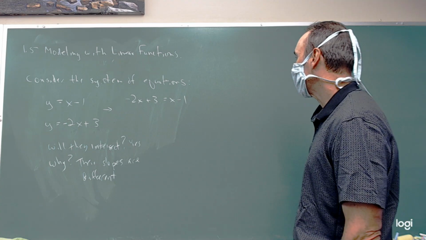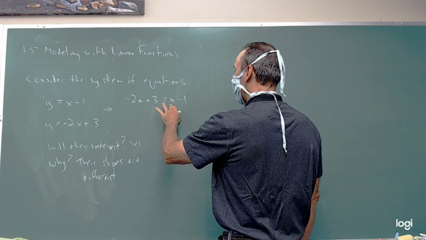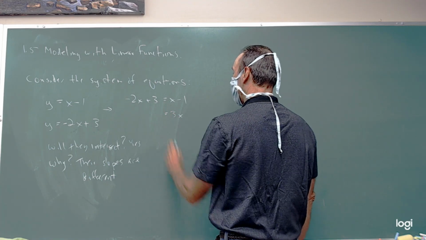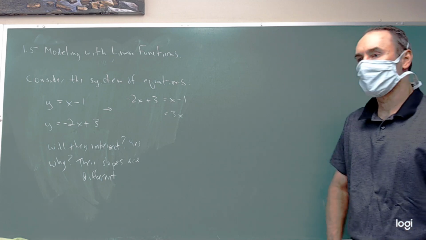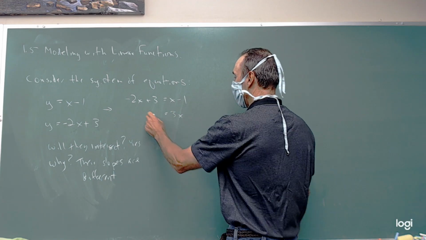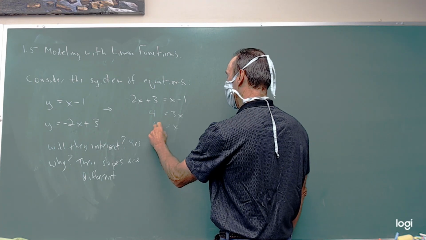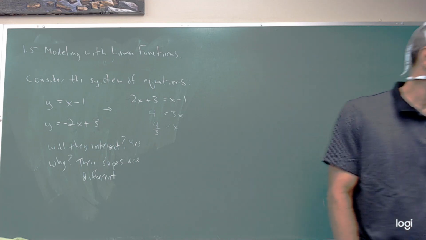And we can go anywhere we like with that. So I'm going to add the 2x to the other side just because, given the choice, I would prefer to keep the x's positive, but you don't have to do it that way. I'm going to add the 1 to the other side, and so that is going to be 4/3. Does that sound right?